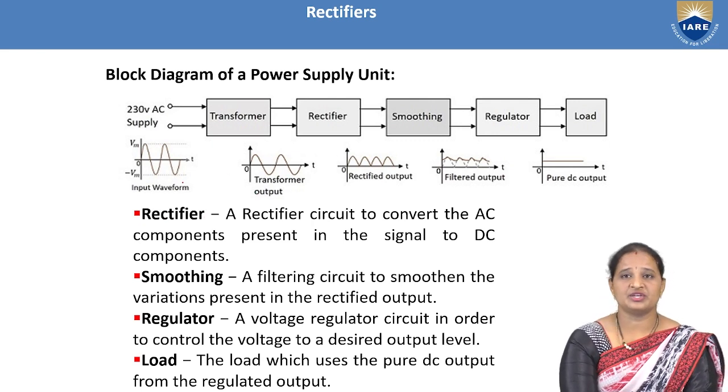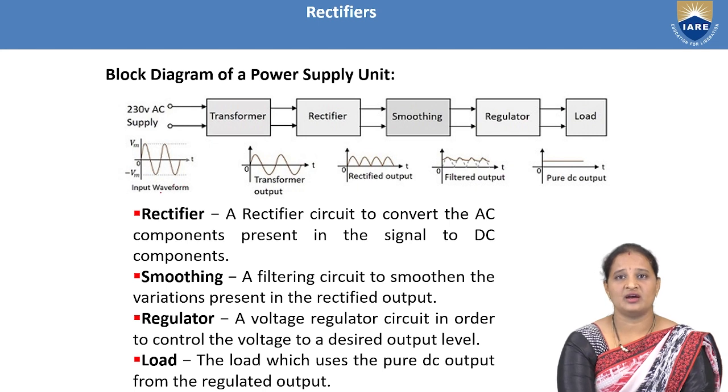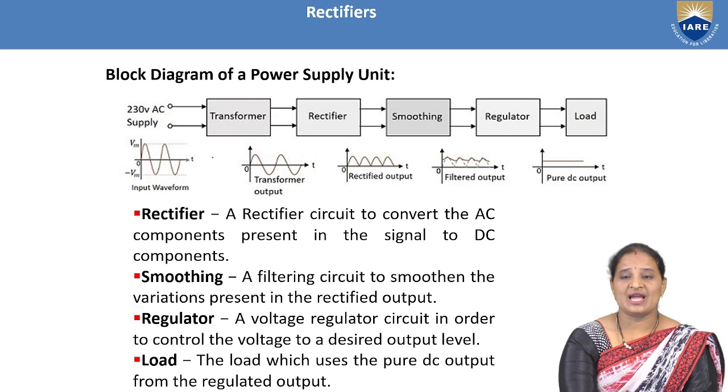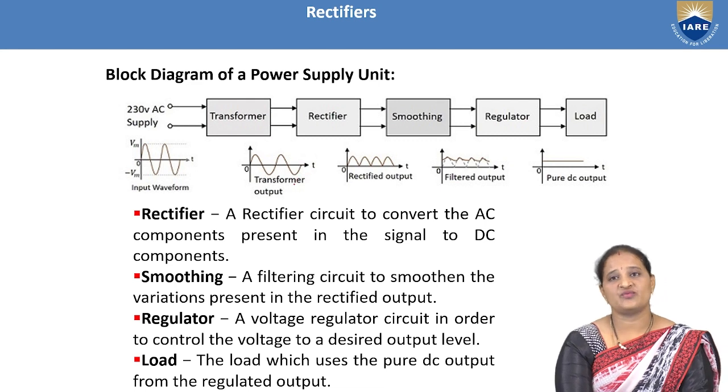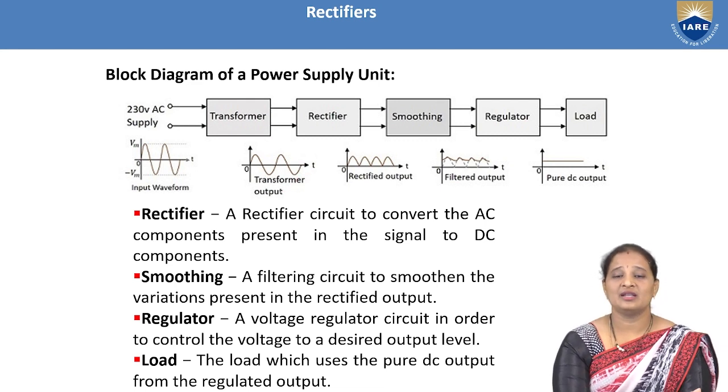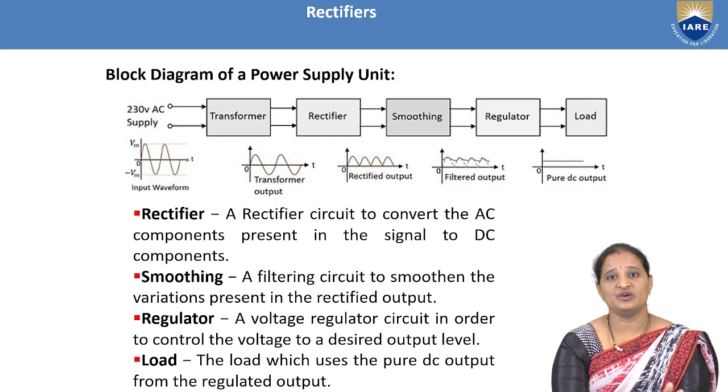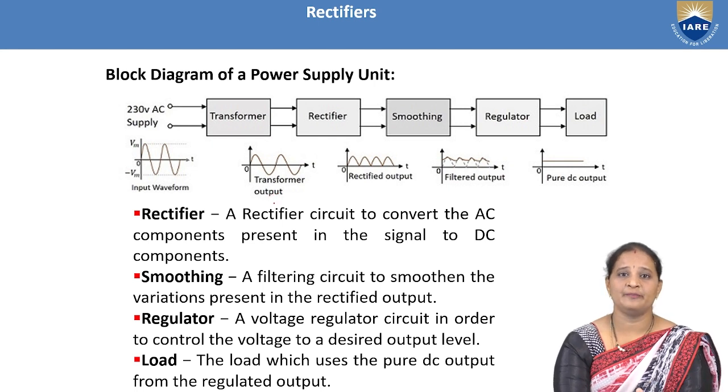Here in the circuit I have shown the input and output waveforms of each and every block. The transformer gets an input of AC, and the output of the transformer is also AC, but the voltage level is reduced to our desired level.